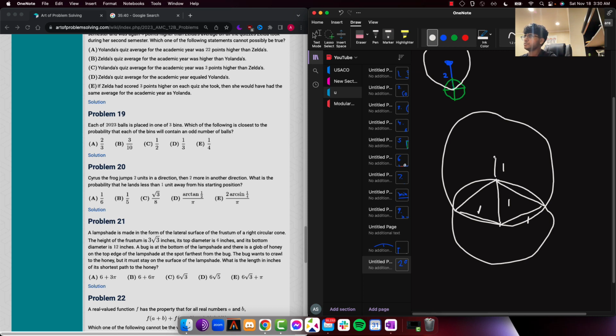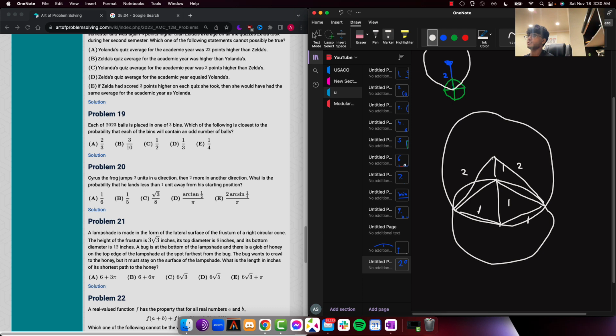And you know, this is 2. This is 2. So 2, 2, 1. We have a 2, 2, 1 triangle, so that means that if you divide... my brain is not processing this right now.